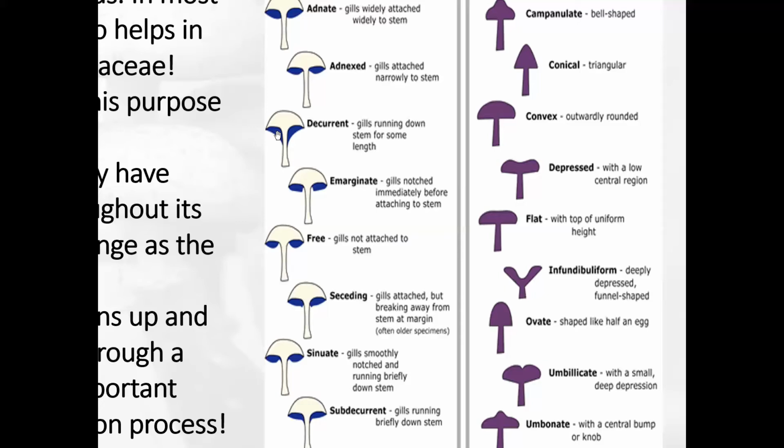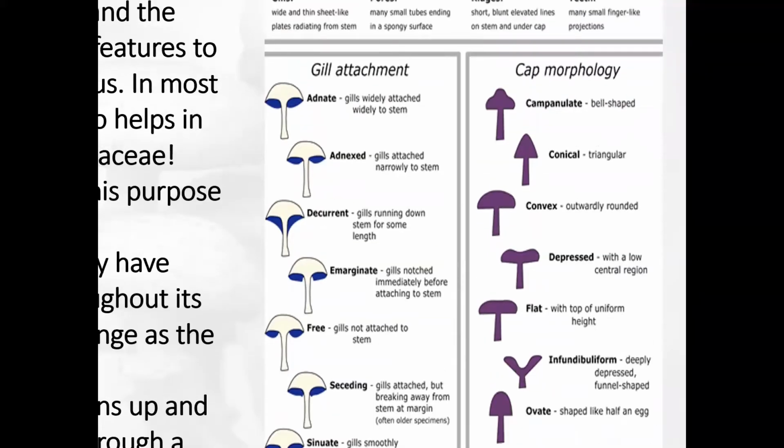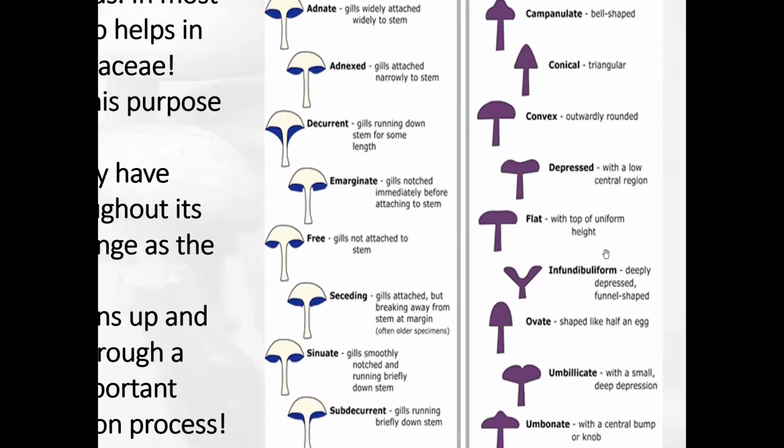So, and then also the cap morphology is very important as well. A lot of these you might recognize just by looking at it, like the ovate shape. That's kind of like a regular mushroom. And then a lot of times after mushrooms grow and age, they have a flat top when their gills spread out.